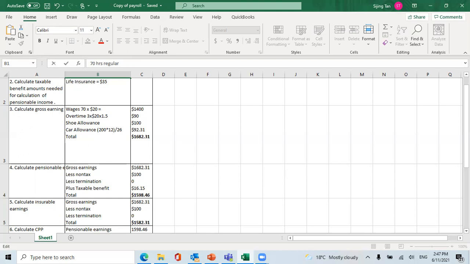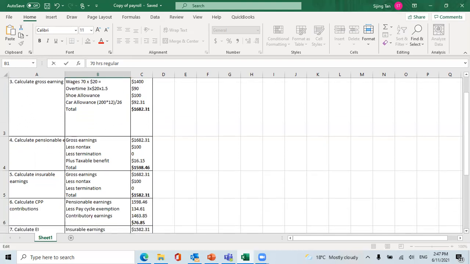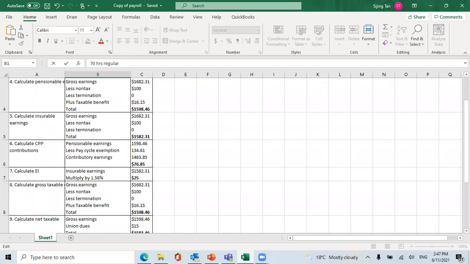Now, when we finish our gross earning, we go to pensionable earning. Pensionable earning and contributory earnings are two different things. Canada Pension contributory earnings is the pensionable earnings deduct the exemption. We'll go there. For right now, we've got pensionable earnings. We start with our gross earning, 1682.31.